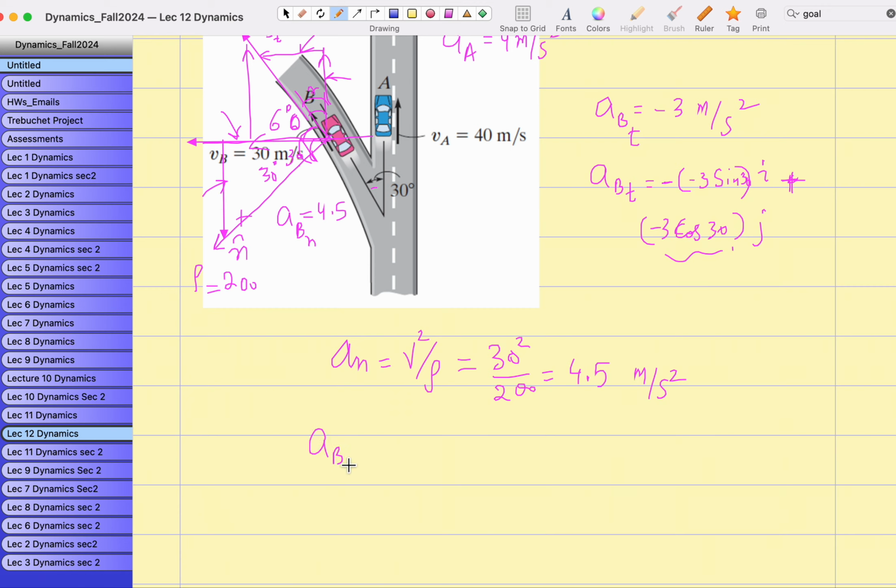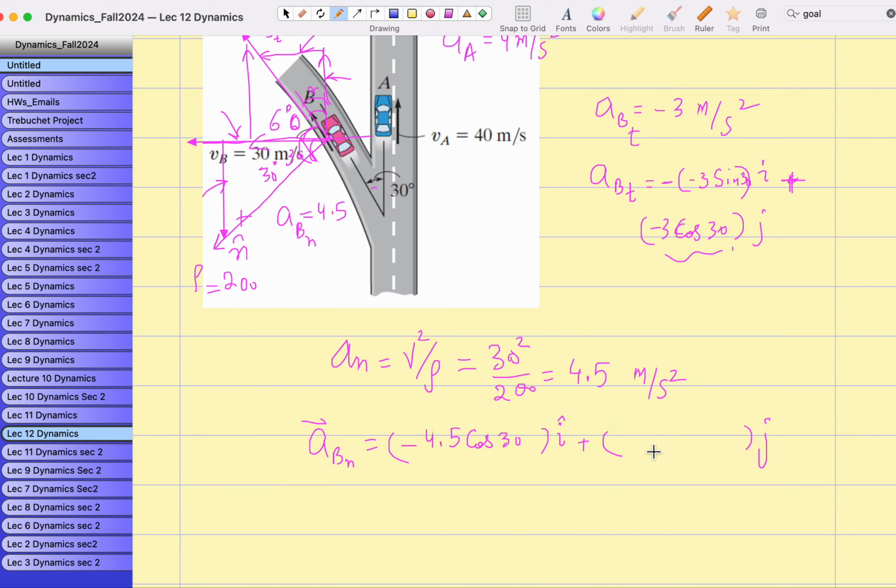So let me resolve the a_B,n vector into i-th component and j-th component. So you will see it's negative side, the negative 4.5 cosine 30. Do you agree with your professor?